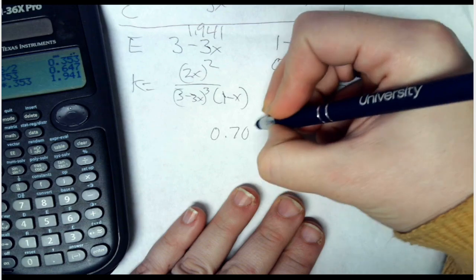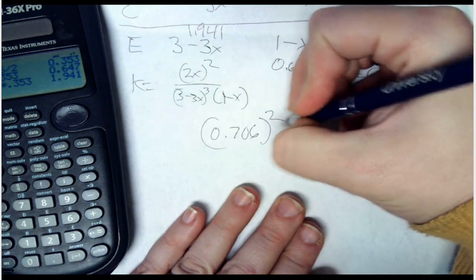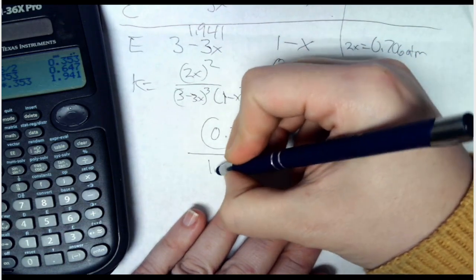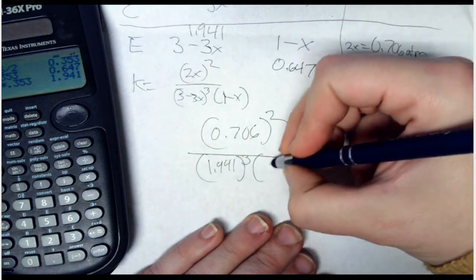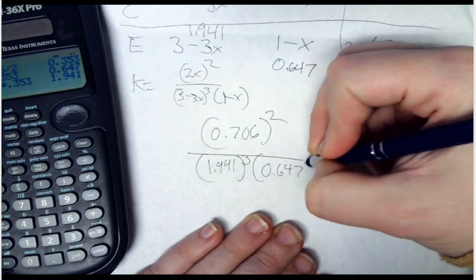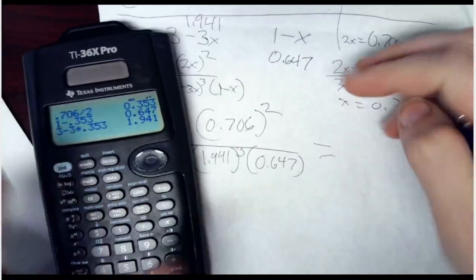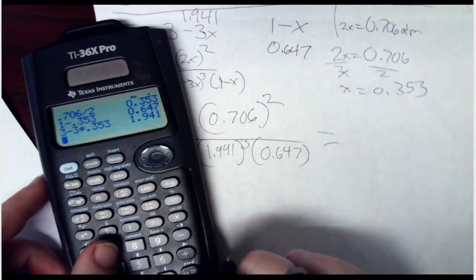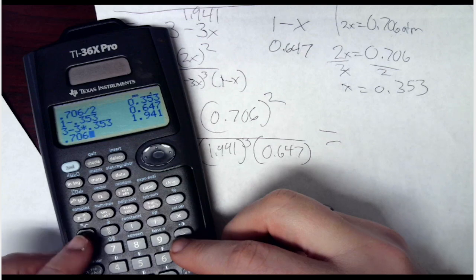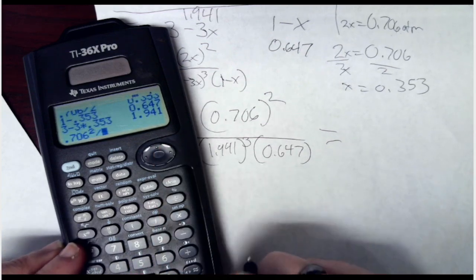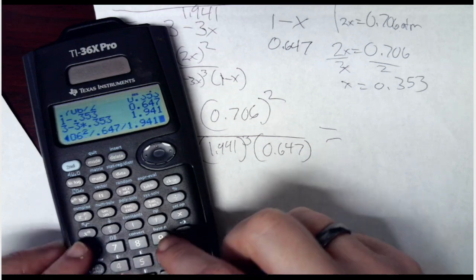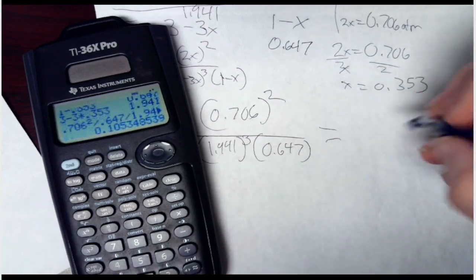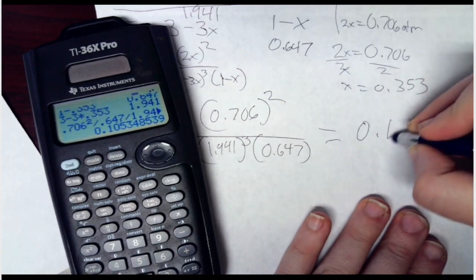So with that in mind, 0.706 squared over 1.941 cubed times 0.647 would give us a K expression of 0.105.